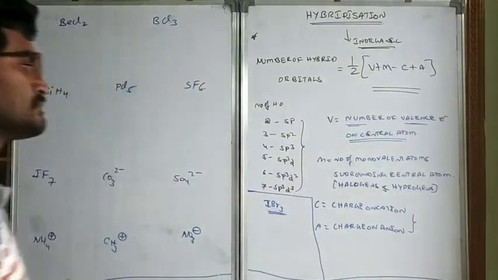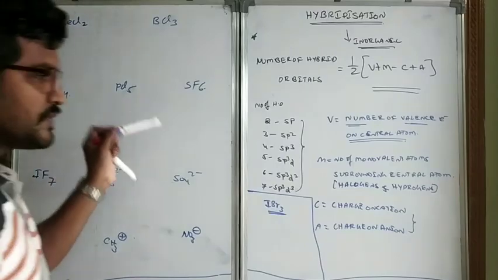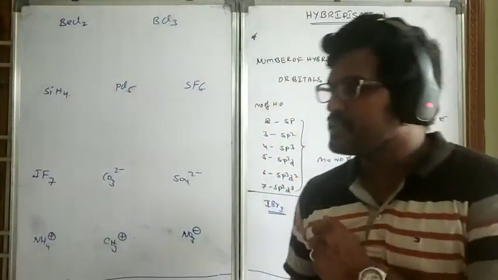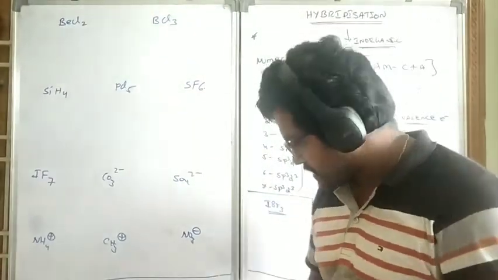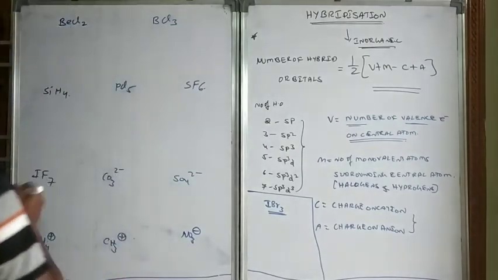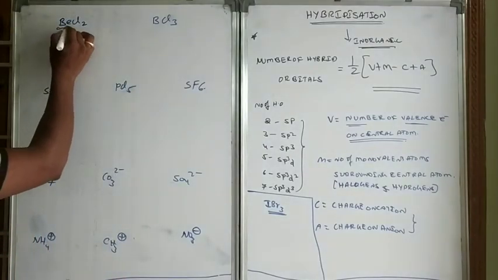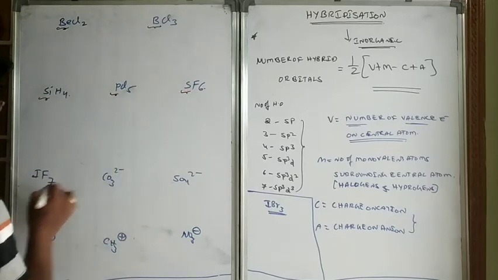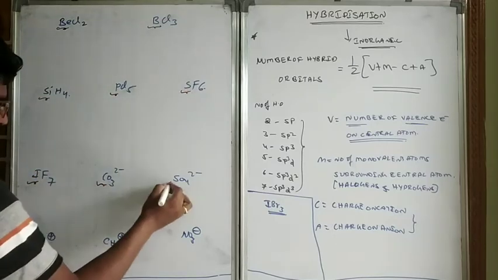So these are the compounds we are having, and how do we identify the hybridization of these molecules? Right. Let us see. The first one, BeCl2. As I told you, the central atom will be only one always. So whichever is the single atom, that will be the central atom.